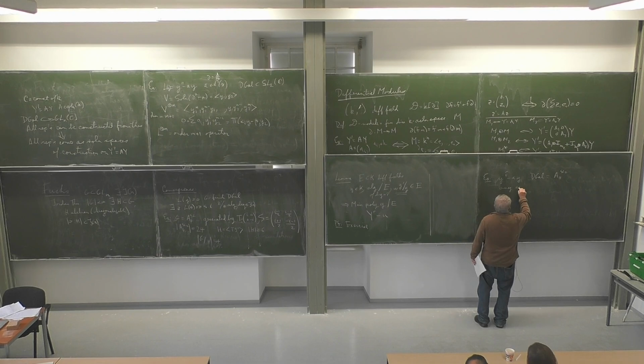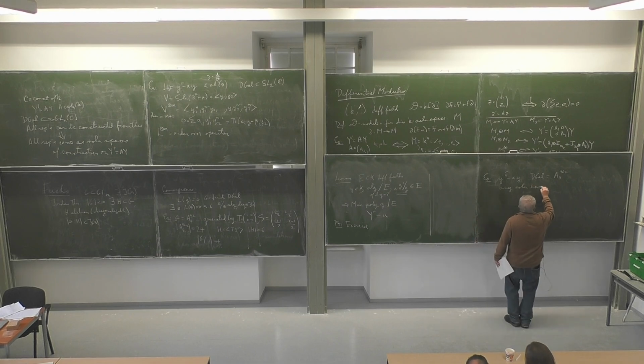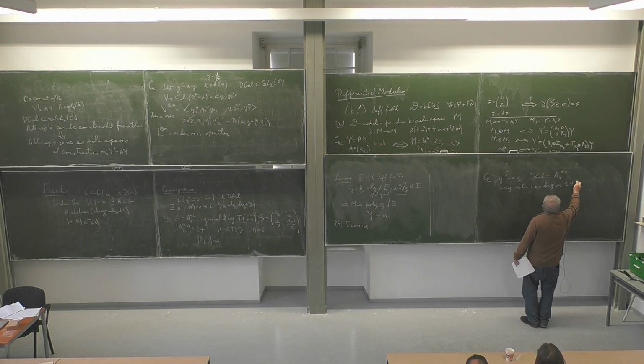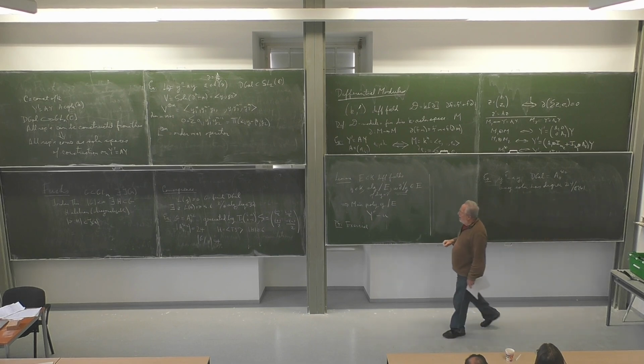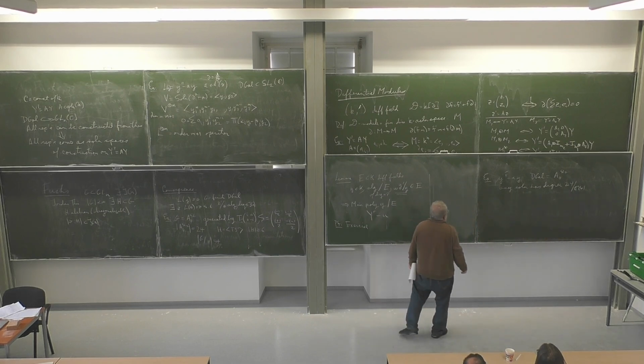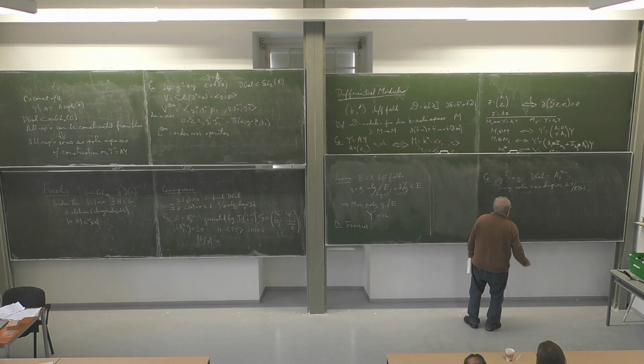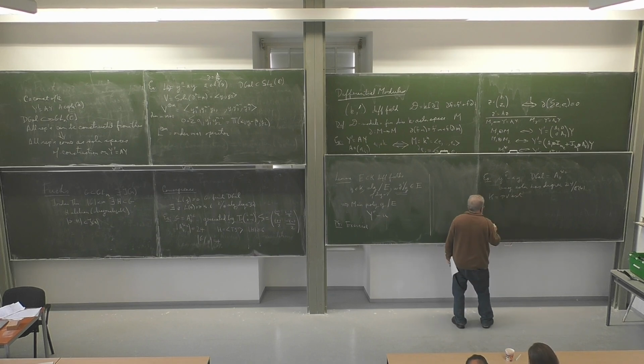Any non-zero solution has degree 24 over C of x. And if K is a Picard-Vessiot extension, here we have C of x.